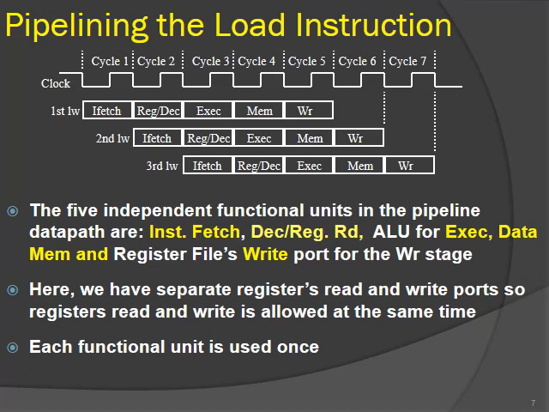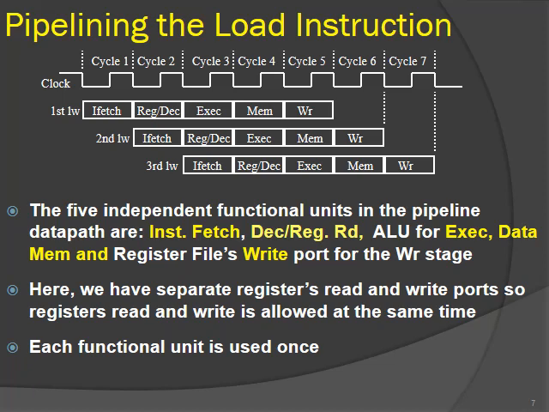For the load instruction, there are 5 independent functional units in the pipelining data path: instruction memory for the instruction fetch stage; register files, for the read ports of the register or decoding stage; an ALU for the execution stage; the data memory for the memory stage; and the register file, which is the write port for the write back stage.